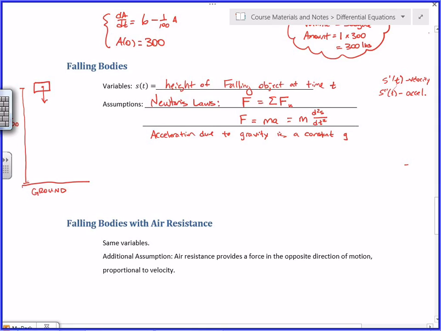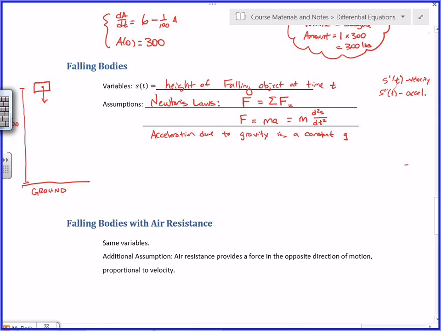Now, depending on what textbook you read, it varies from one book to the other, and from one problem to the other, whether or not we orient this coordinate system the typical way, where up is positive and down is negative.